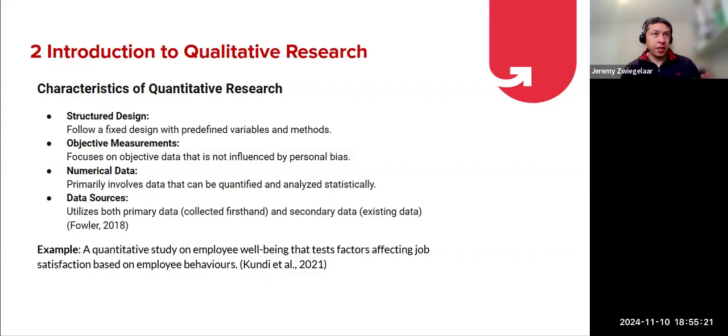So in terms of objective measurements, these objective measurements uses data that has been determined to be objective. So what that means is that it's not about influencing the data by confounding variables or personal bias. In essence, you, the researcher or the interviewer, you're not going to be manipulating that data or adding to that by being able to interfere with the data itself.